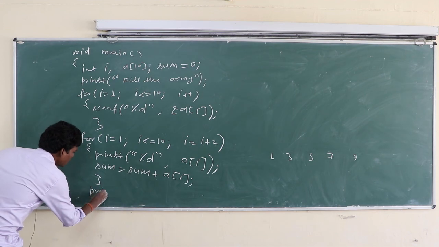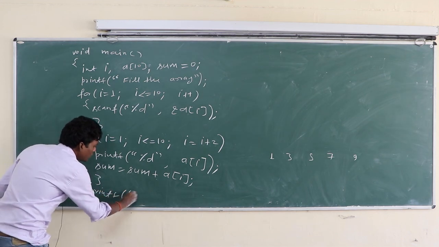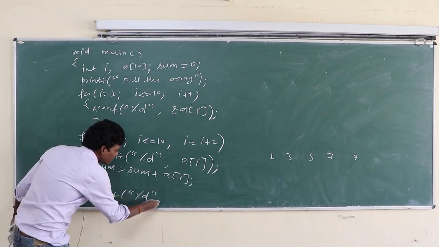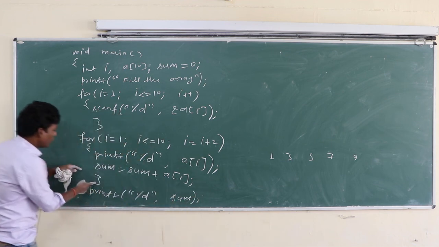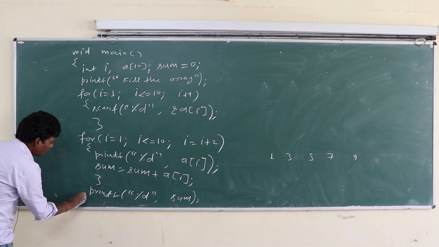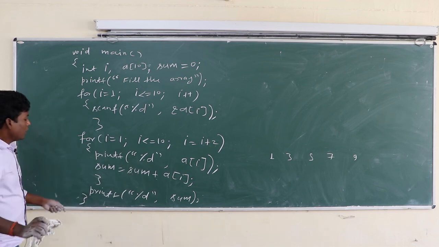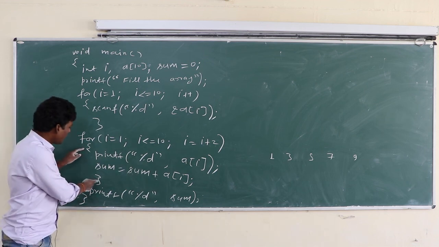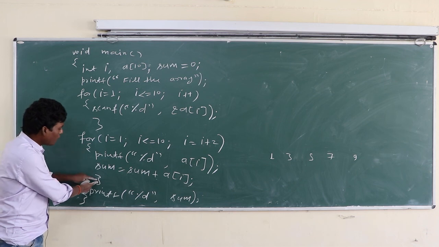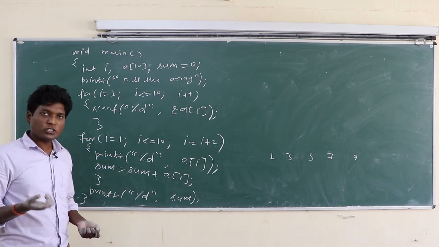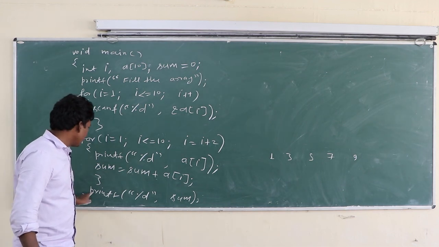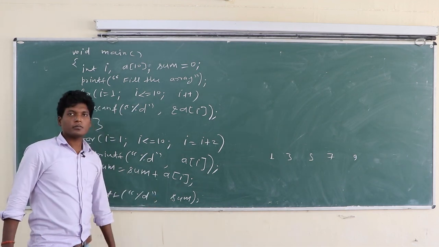Now print the sum. printf %d sum. Print the sum after the closing of the for loop and close main. Class, when control exits the for loop, you have the total sum of odd position elements, and printf prints that sum.